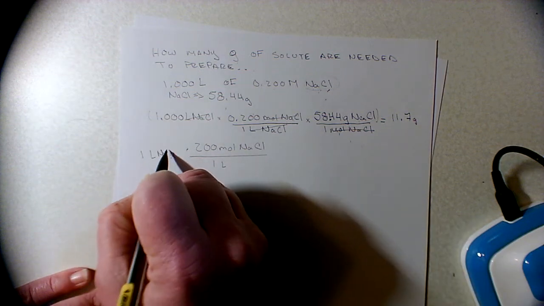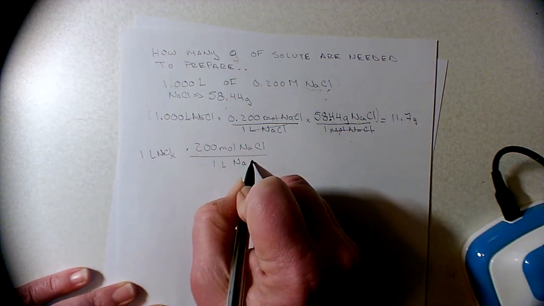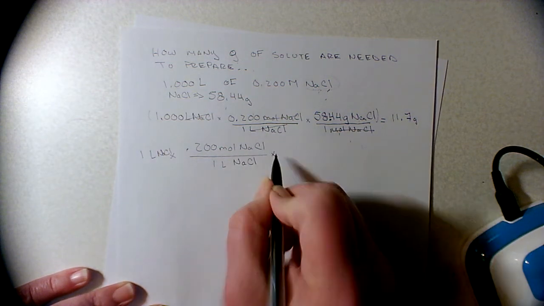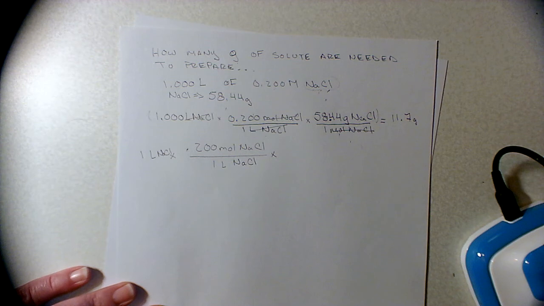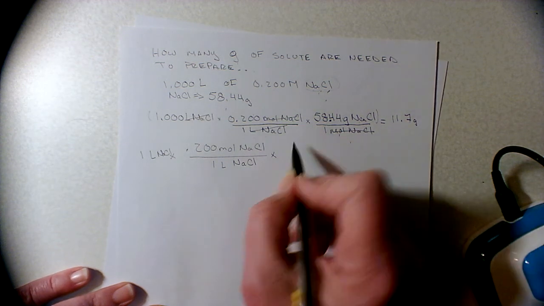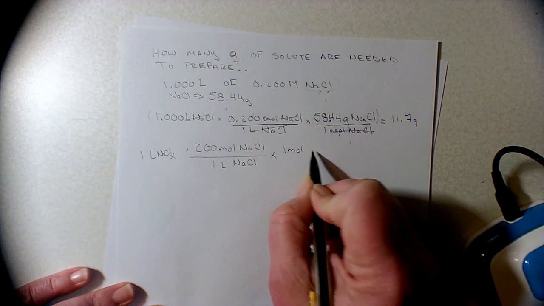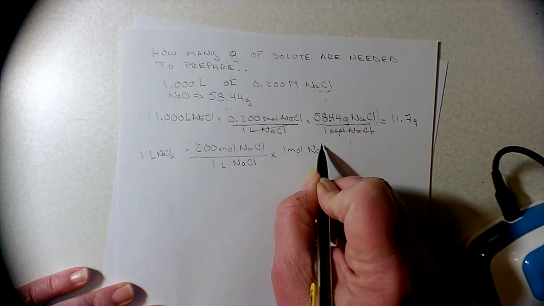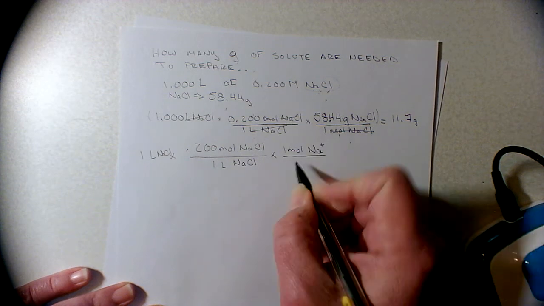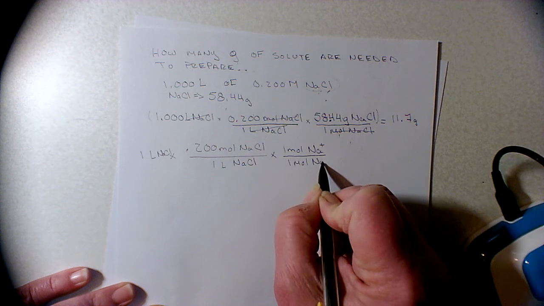Let me put my units in there: NaCl. Now, if I want to know the concentration of the sodium ions, I have 1 mole of sodium ions per 1 mole of NaCl.